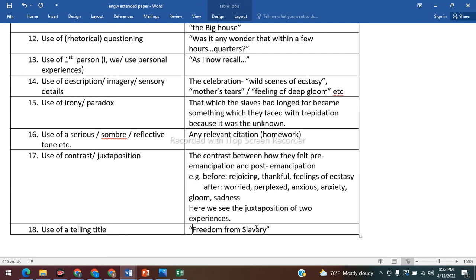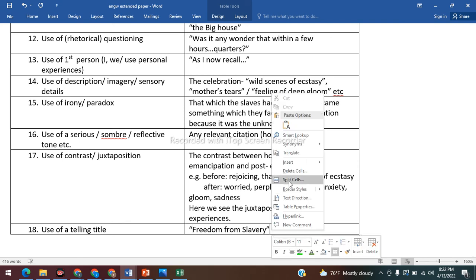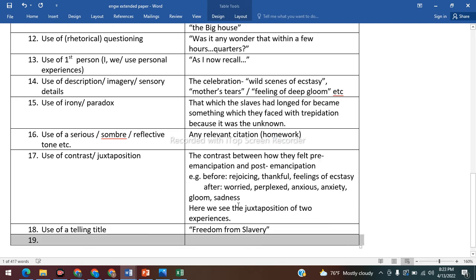But the ironic thing about this title is that even though they were technically freed from slavery, they still went back. But his title is good because it catches the reader's attention and it gives some indication of what the passage is about. So don't forget the title in your techniques. Title is very important.